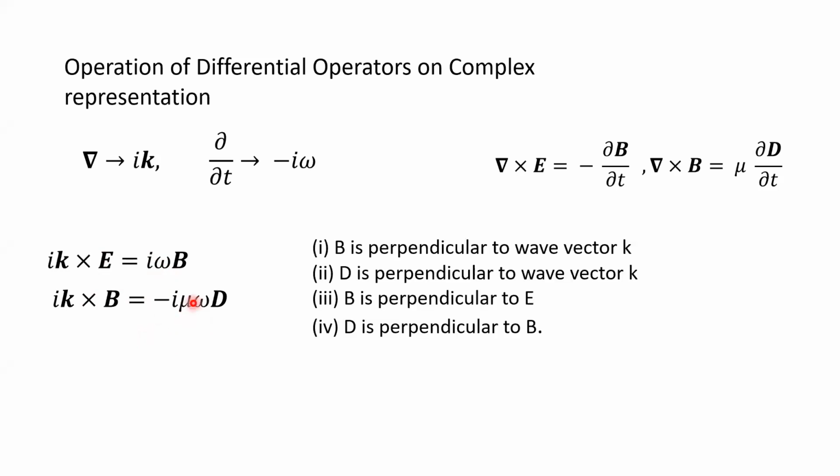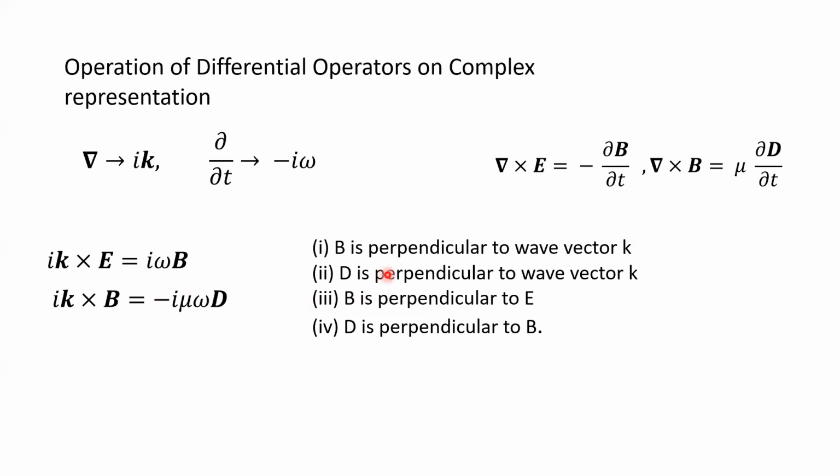Now, what can you conclude by looking at these two equations? For instance, if you look at the first equation, B is proportional to K cross E. It means B is perpendicular to both K and E. And notice that perpendicular is a mutual relation. Two vectors which are perpendicular are basically associated.